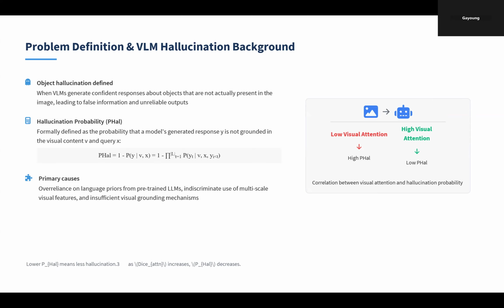So if the hallucination probability is higher, then it has more hallucination. So a lower hallucination probability will be nice.